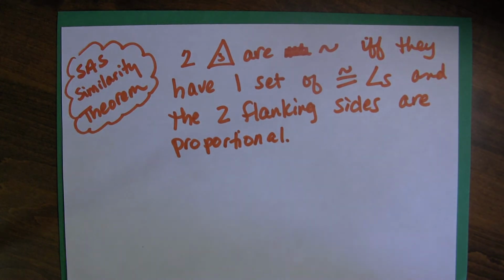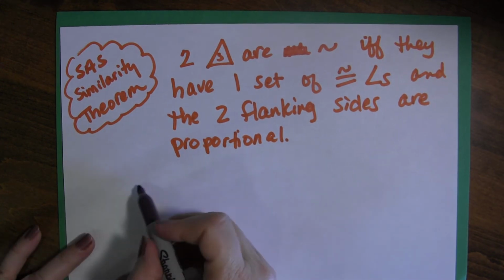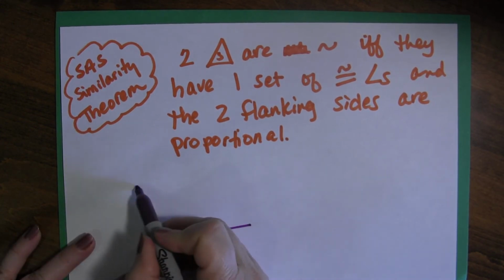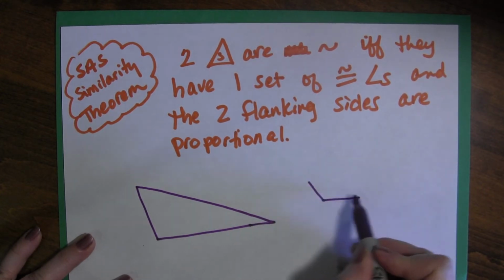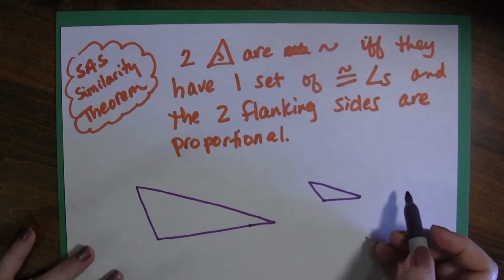So let's draw a picture. Let's say we have these two triangles. We got this one, and then we have a littler version of that right there, okay?